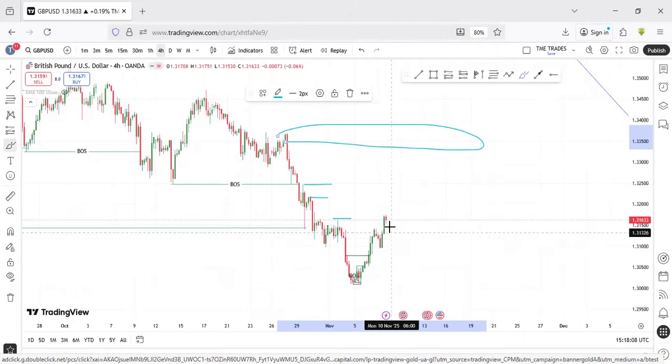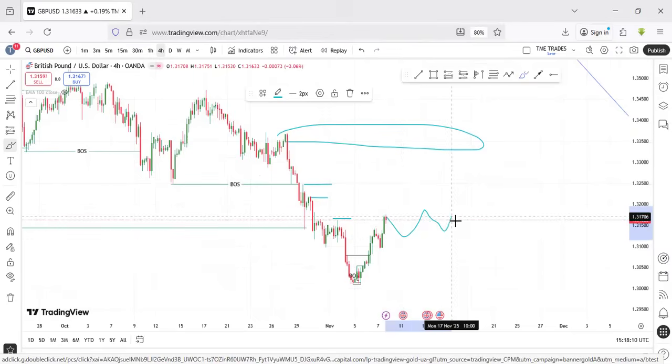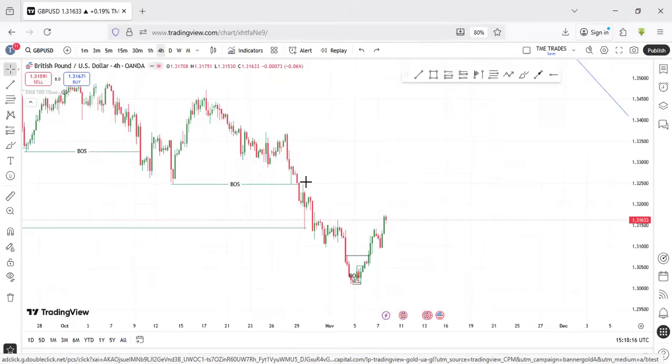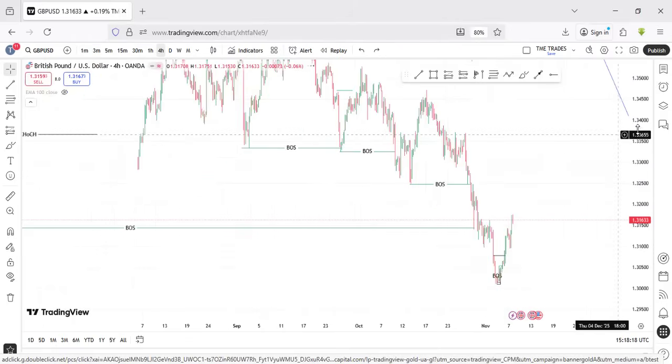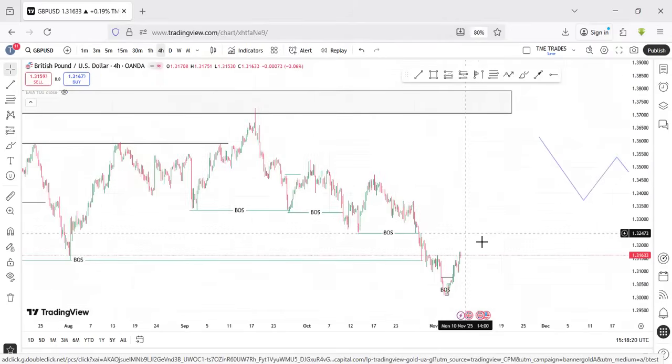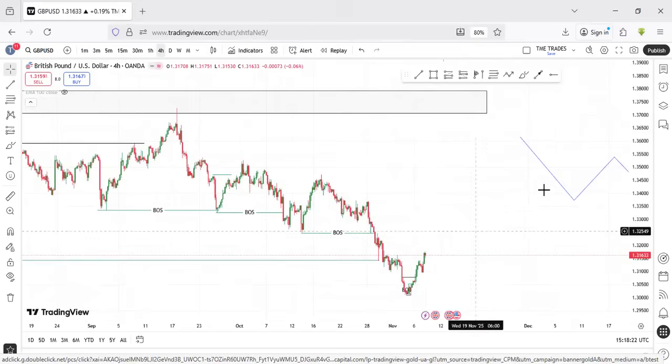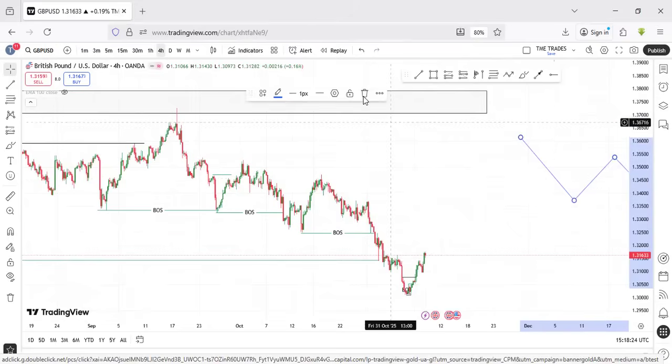So since we have this in mind, what do we now expect? More continuation to the upside, despite the market being in a bearish trend, but right now I think we are going to see some bullish movement before we talk about that.